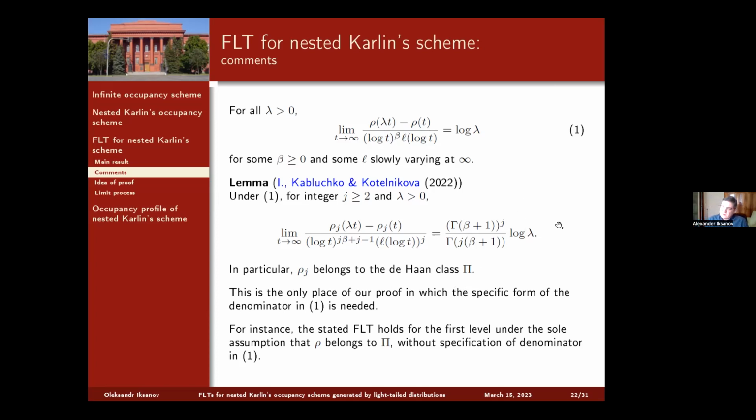In particular, the stated functional limit theorem for the number of occupied boxes holds for the first level under the sole assumption that the counting function rho belongs to the Dehaene class pi, without specification of the denominator in Formula 1. That is, as far as the first generation is concerned, we can put here any slowly varying function divergent to infinity. So in particular, this specific form is not needed.